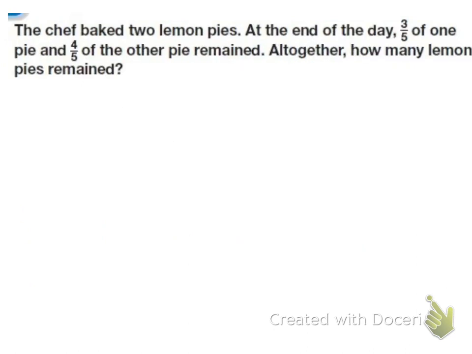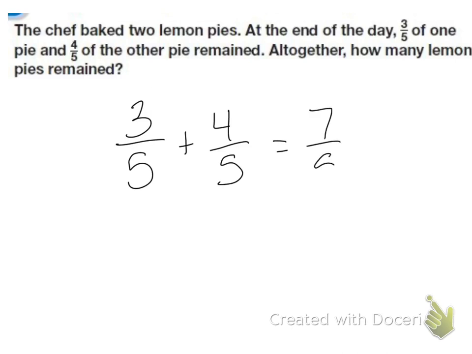The chef baked 2 lemon pies. At the end of the day, 3/5 of one pie and 4/5 of the other remained. Altogether, how many lemon pies remained? So first we have to figure out how much this is. So we have 3/5 plus 4/5. Okay? So 3/5 plus 4/5 equals 7/5.